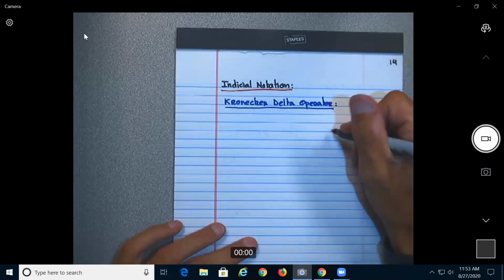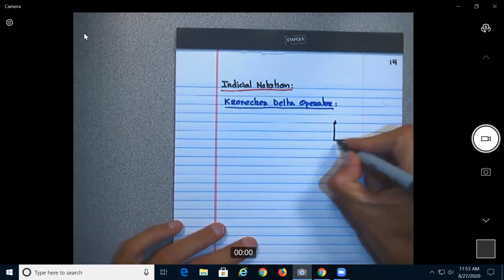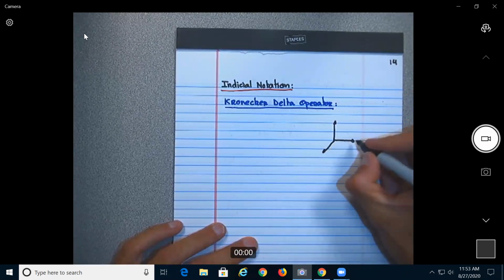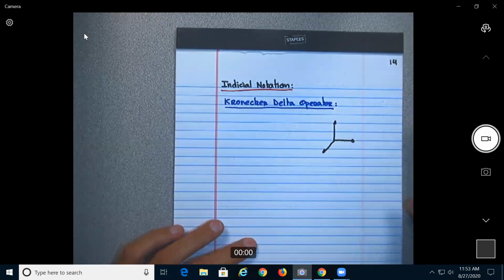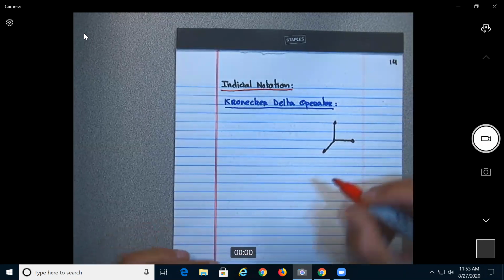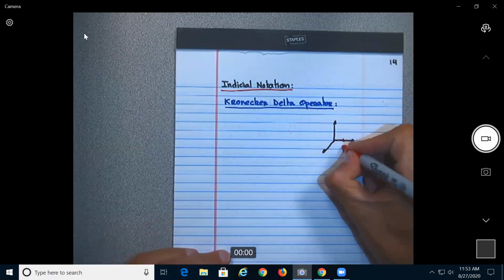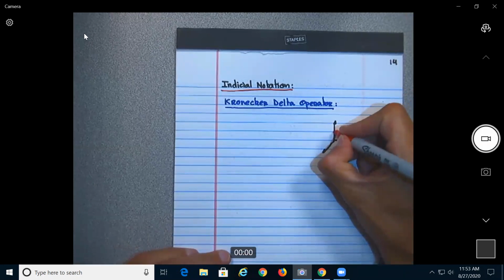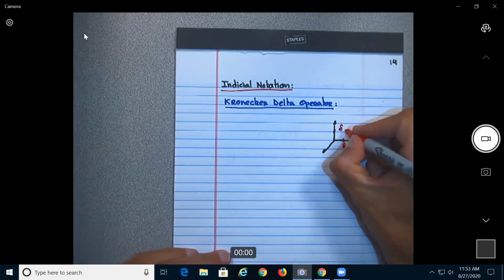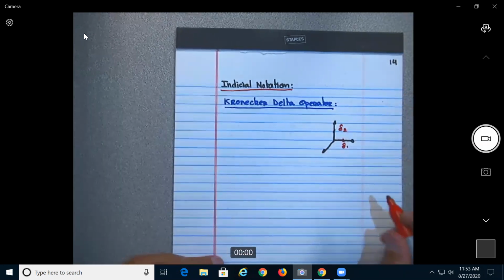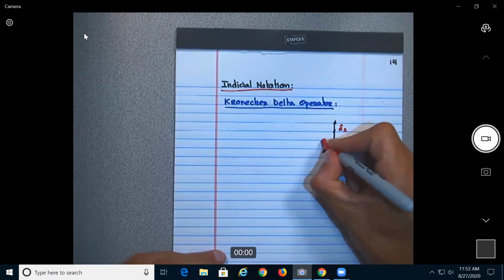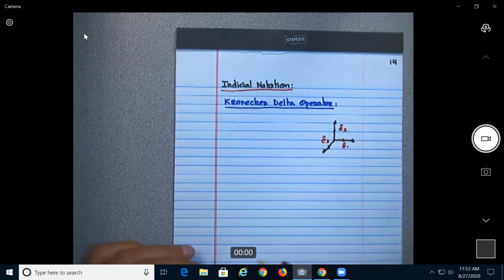So imagine you have your coordinate axis. Instead of calling them X, Y, Z, or i, j, k, we're going to call this one E1. So this is a unit direction vector, no? E1, E2, E3.